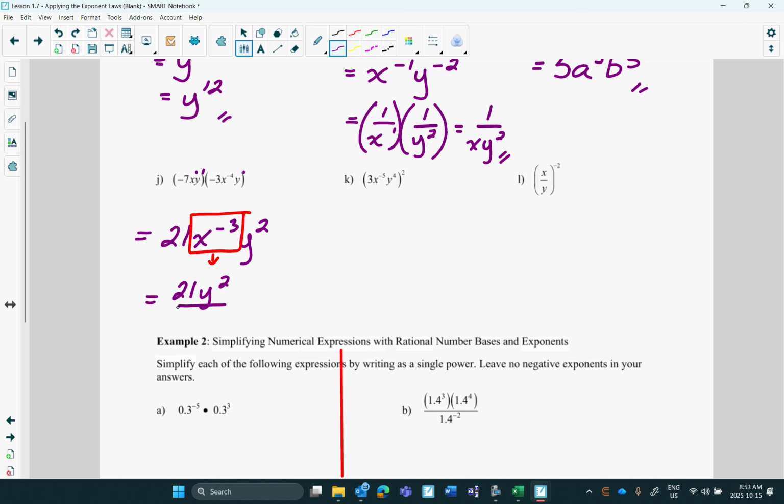To make this positive, I've got to move it down into a denominator. So I just do that, and I'm done. To make that positive, I have to flip the base. So when I flip this, the x goes down into the denominator. That's a quick way you can do it.